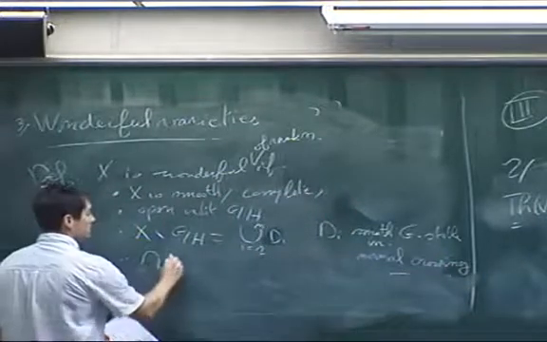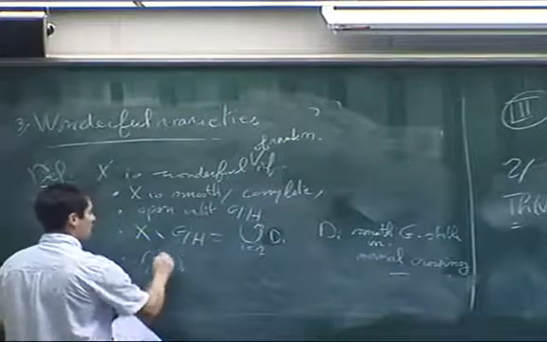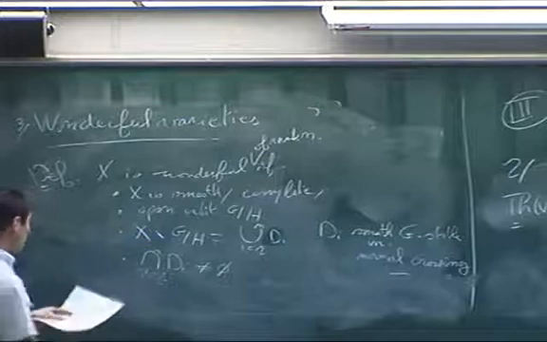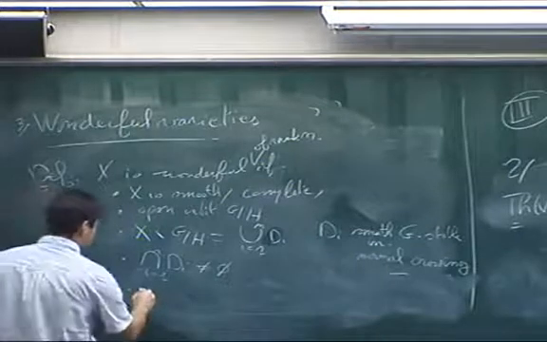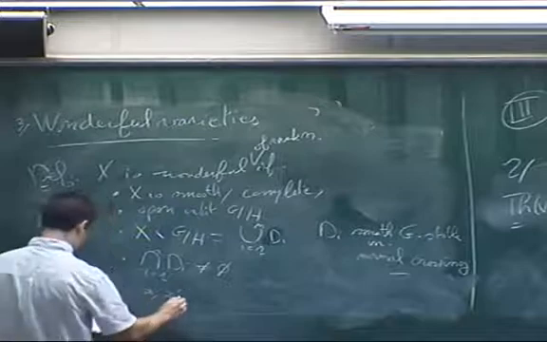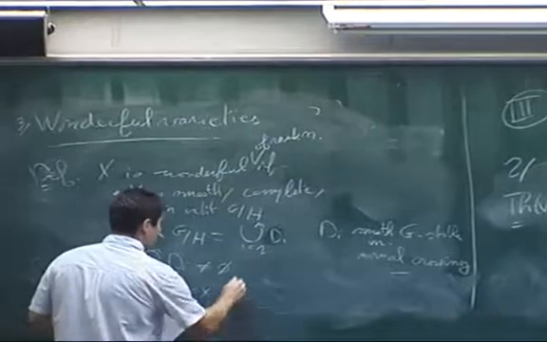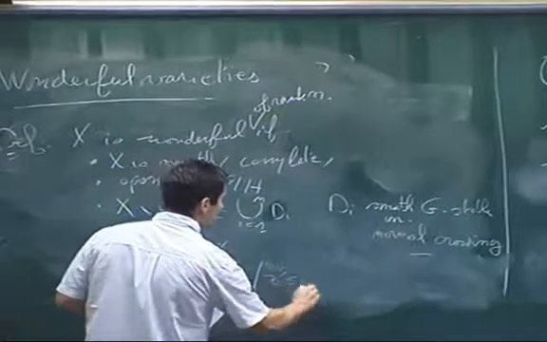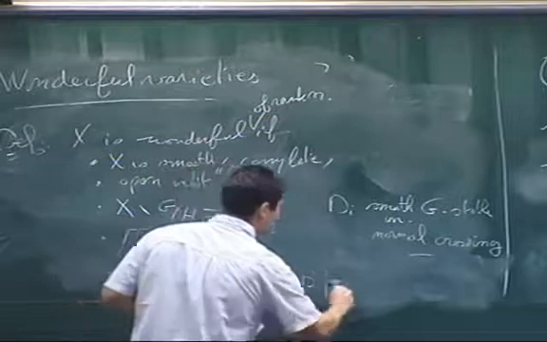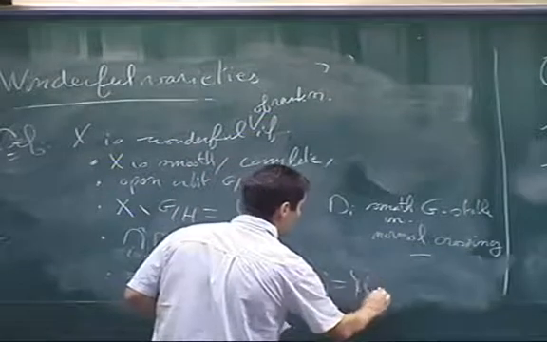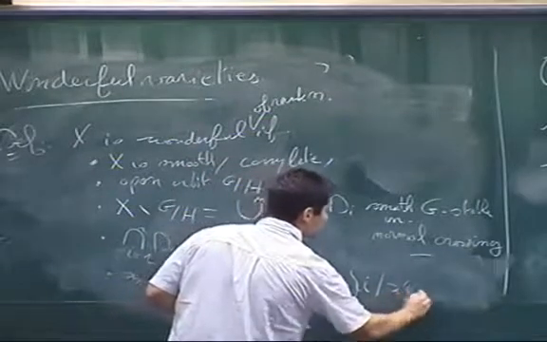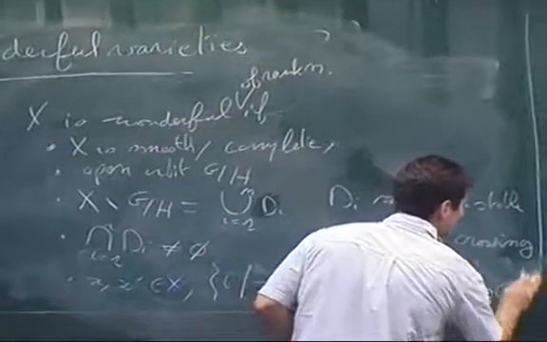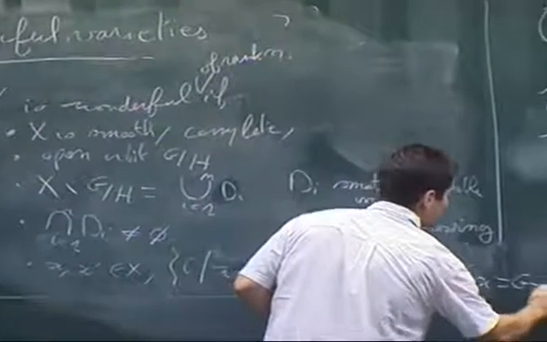Okay, and the intersection of all D_i is non-empty. And the last property is that if you take x' in X such that the set of i such that x' is in D_i, x is in D_i, equals the set of i such that x' is in D_i, it implies that the orbit of x equals the orbit of x'.